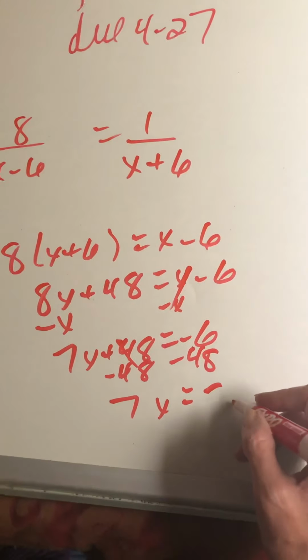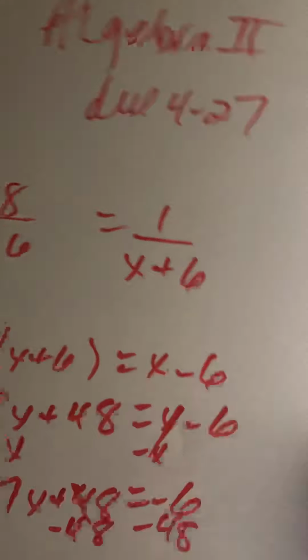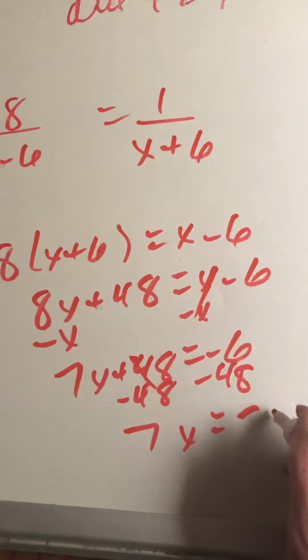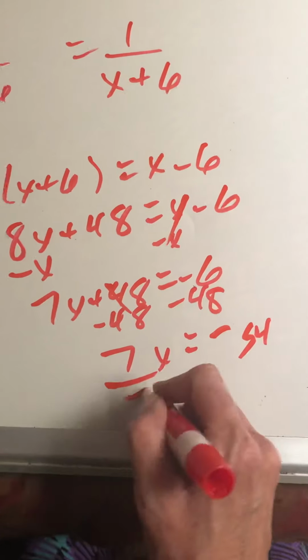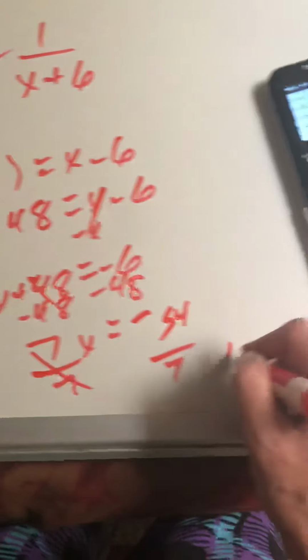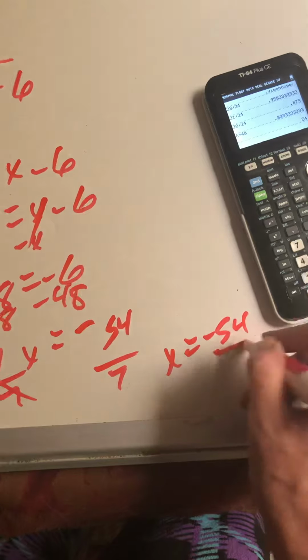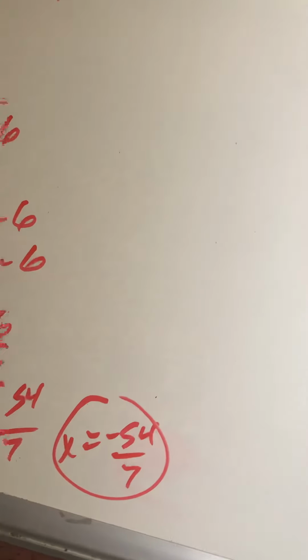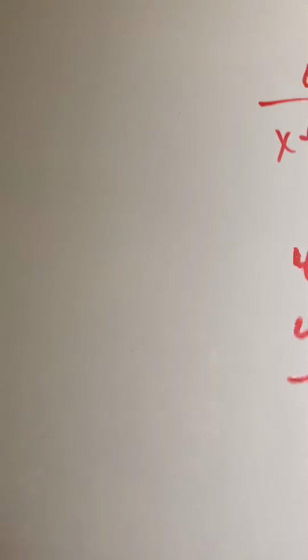I've got my calculator because my brain is not working right now. 6 and 48, 54. Negative 54 over 7. So x is negative 54 over 7. I just leave it as a fraction like that. It doesn't make any denominator 0, so there's the answer, which is good since I already circled it.